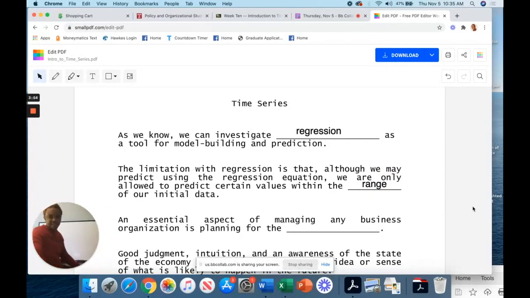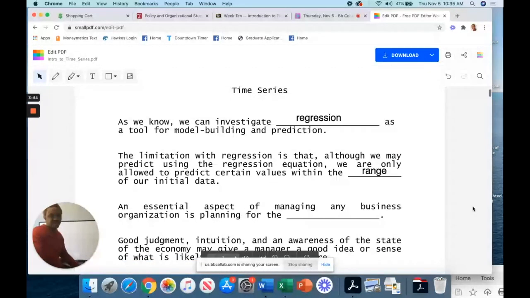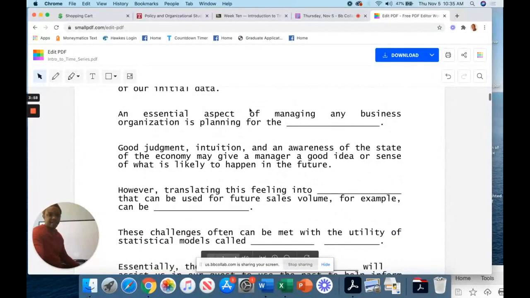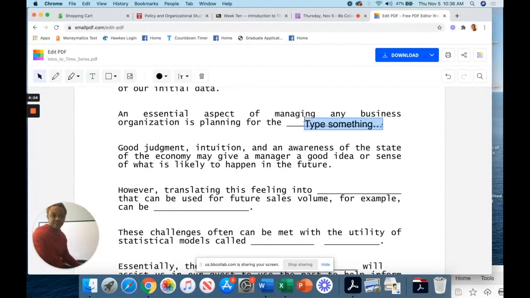And this slide here is just more like review. An essential aspect of managing any business is planning for the future. And it just says that when you're doing that, judgment is necessary.